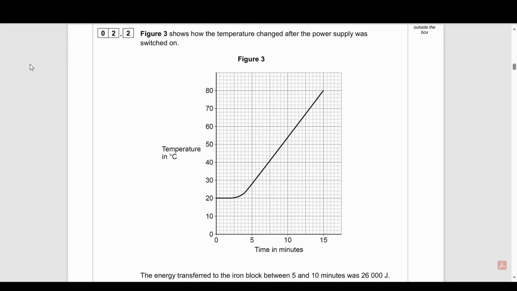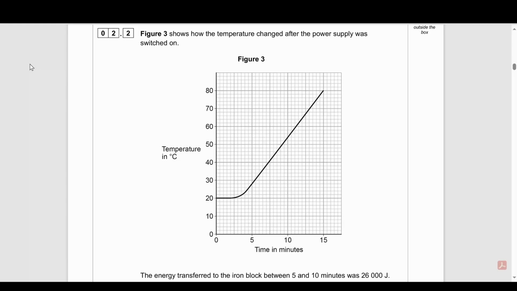2.2. Figure 3 shows how the temperature changed after the power supply was switched on. So let's analyze this graph then. The beginning, so 0 minutes, the temperature is 20. It remains there for about 2.5 minutes, and then it begins to increase gradually.